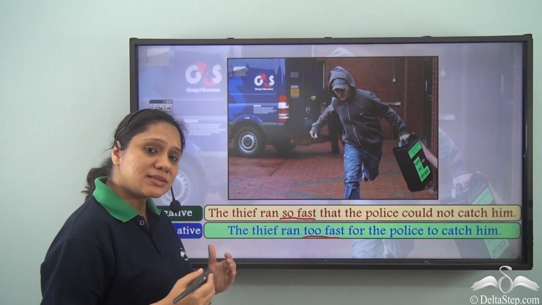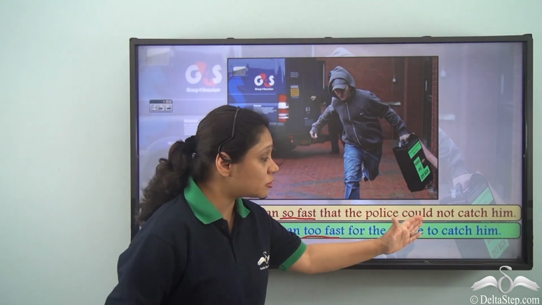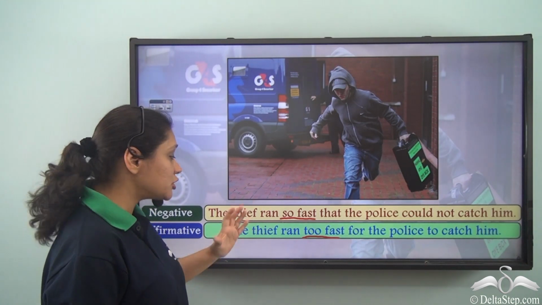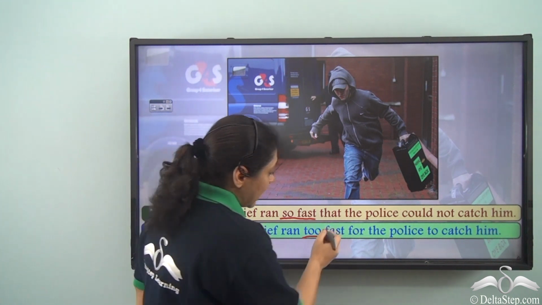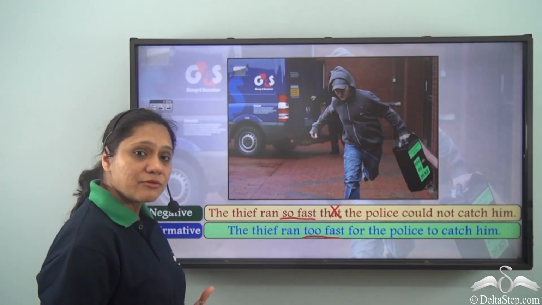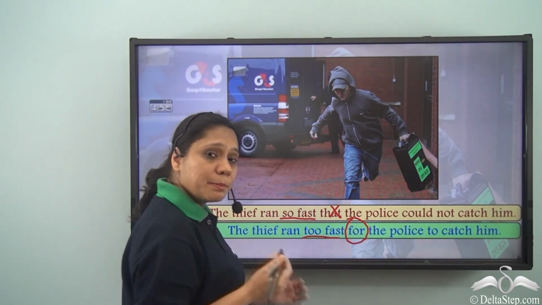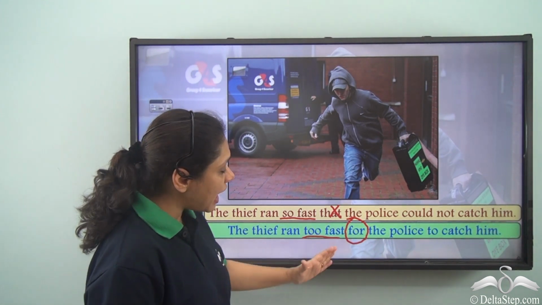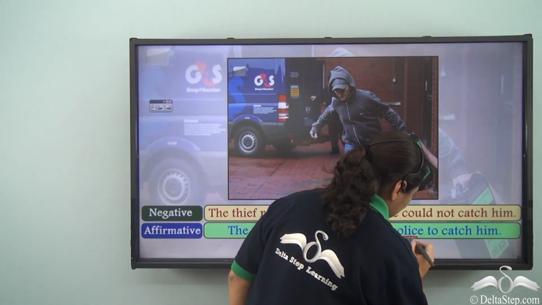Now let us look at the second part of the original sentence. That the police could not catch him. So what do we understand here? That the thief was so fast that the police could not catch him. So we have removed that in our affirmative sentence, and we have used an appropriate preposition for to show the ability of the police. So we have the thief ran too fast for, then we have written the subject.